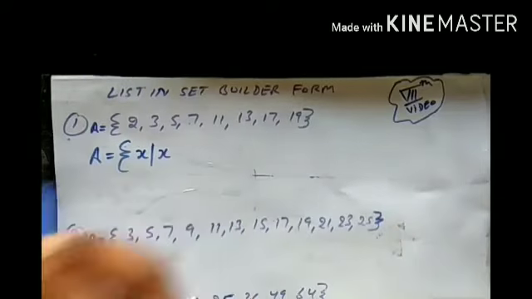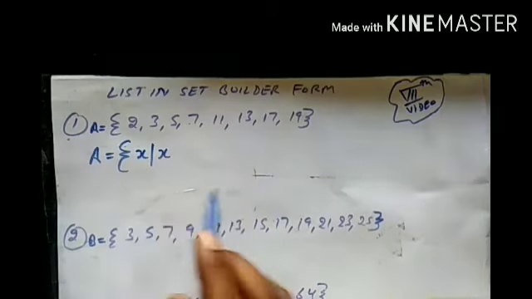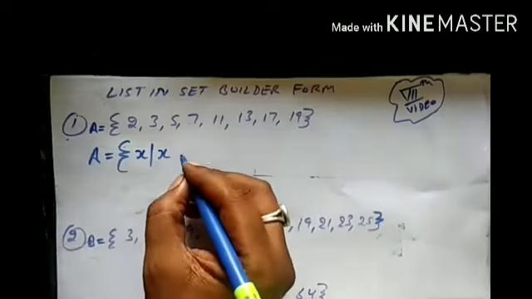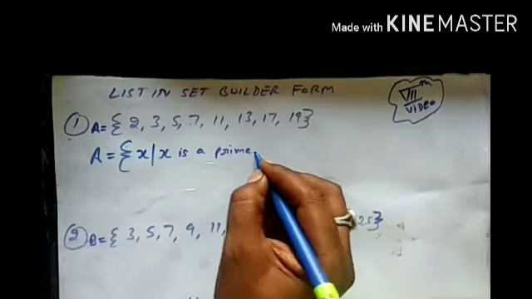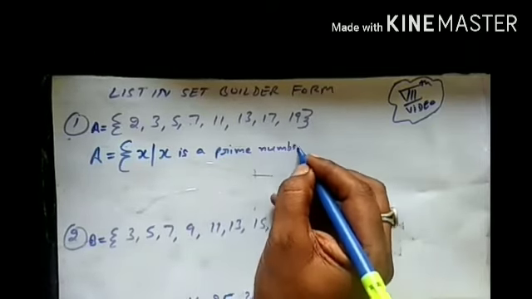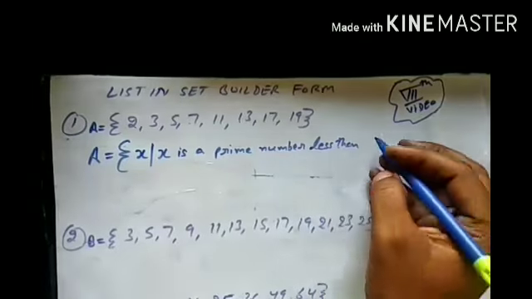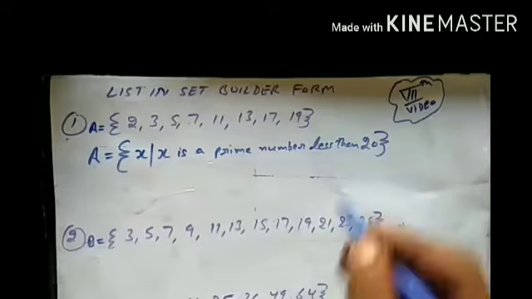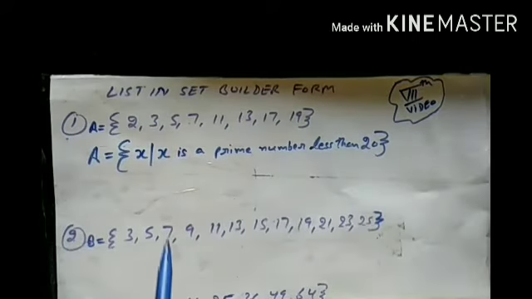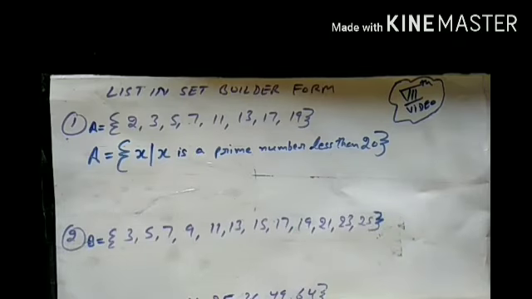Now x such that x, and we have to write what property it has. x such that x is a prime number less than 20. Okay, so this is the answer. So students, if you observe very carefully each member of the sets and come to know what their common property is, then there is no problem in writing the set builder form.